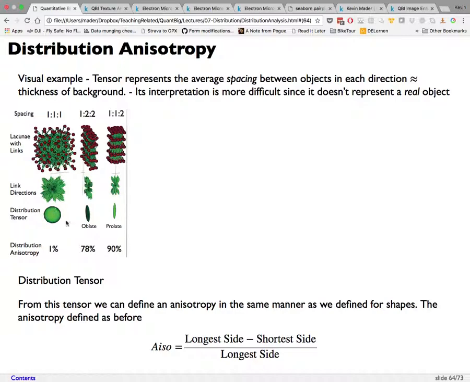And then here we have the distribution tensor, which we make from all of those links. What we see is that the distribution tensor anisotropy is 1%. We have randomly spaced points in a 1-to-1-to-1 ratio, and the distribution tensor is accordingly perfectly spherical, or almost perfectly spherical.